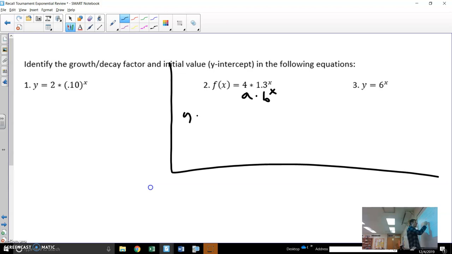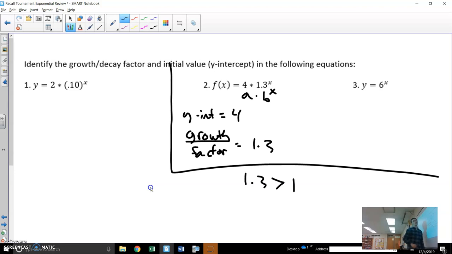So first of all, you want to be able to identify that the y-intercept is 4. And the b value, which is going to be growth in this case, the growth factor, it is 1.3. Now I picked growth because 1.3 is bigger than 1. If you start with 4 and multiply by 1.3, it'll go up slightly from 4 to 5 something.